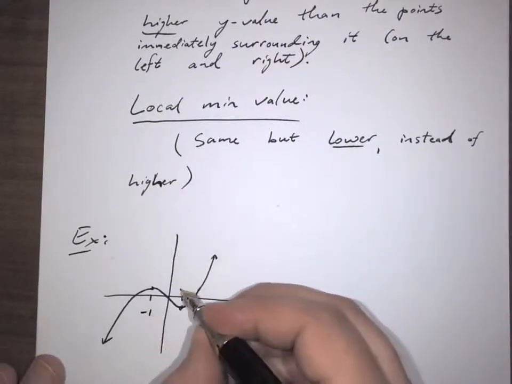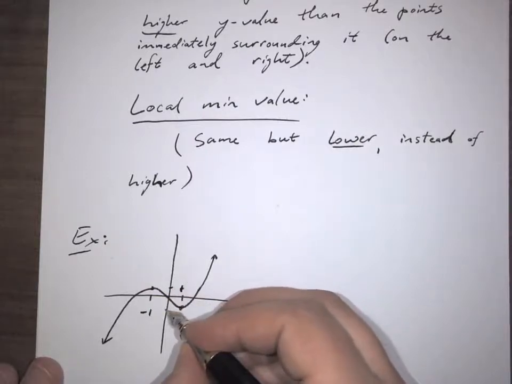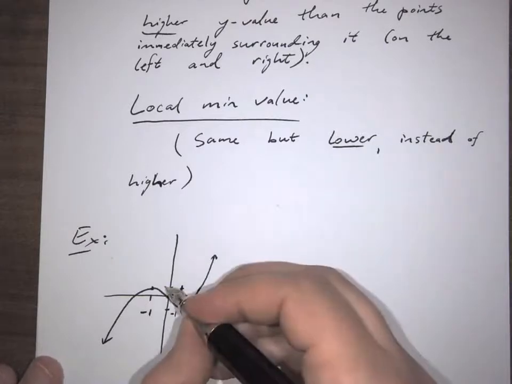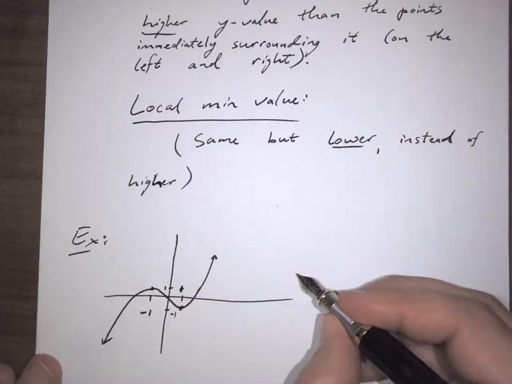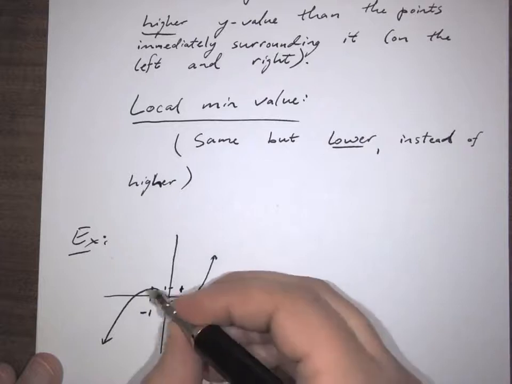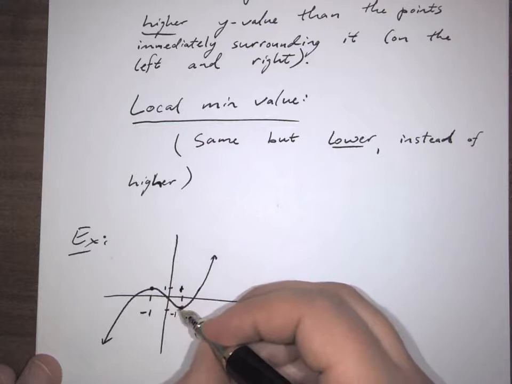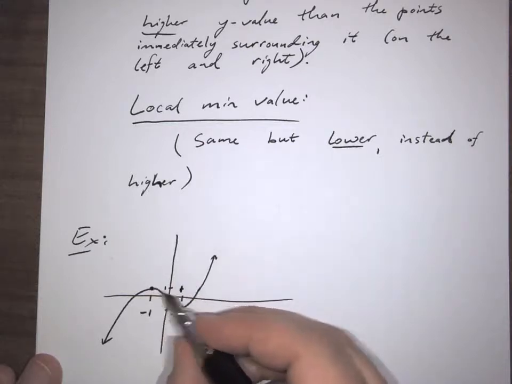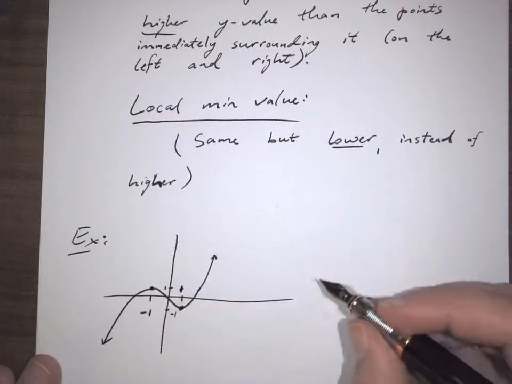Let's say it's a -1 and a +1, and that also is 1, and that's also -1. So, ones and -1s. Right here and right here, these are points that are special compared to the points around them. This point is higher than the points around it. This point is lower than the points around it. However, if you go far enough over here, you'll eventually get higher than that point again. But locally, just around that point, it is the highest.